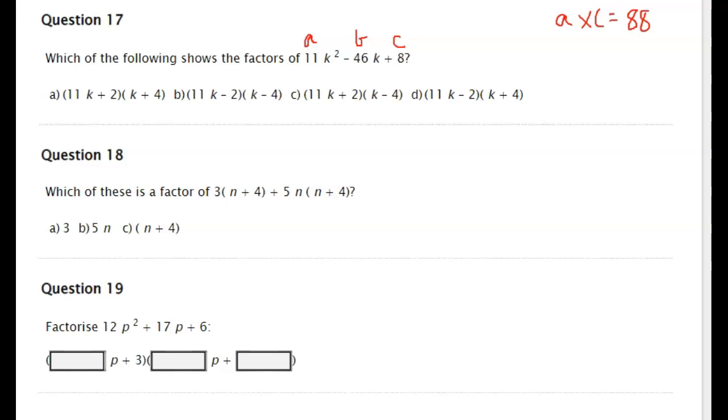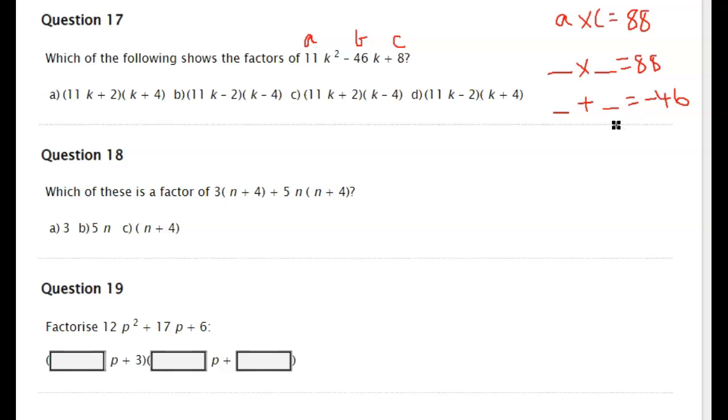So we need two numbers that when multiplied give you 88 and when added give you the coefficient of k, which is negative 46. It does take a while sometimes, especially when you're working with larger numbers, to find two numbers that multiply to give 88. Obviously you're not going to use 11 and 8. They're going to be different factors.